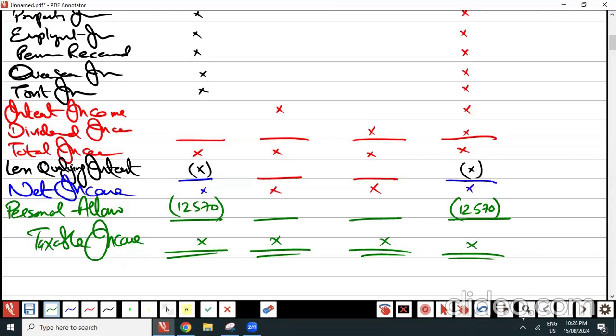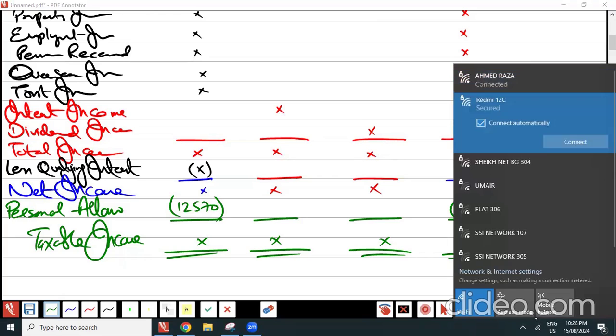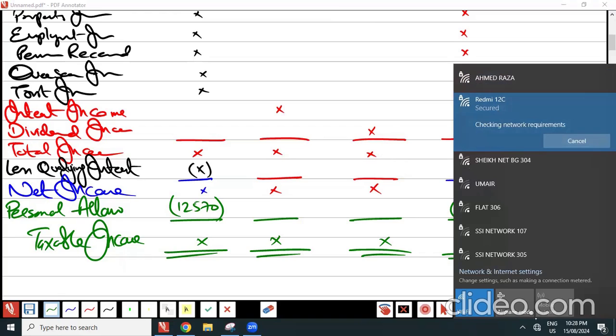Got my point? Income tax is the topic, and we are computing taxable income in it, before the liability. Any problem in it? No, sir.